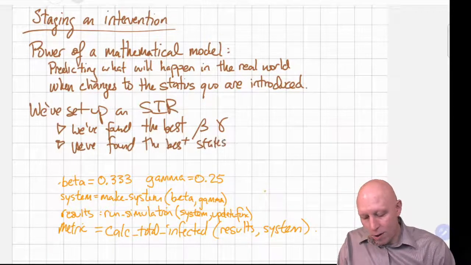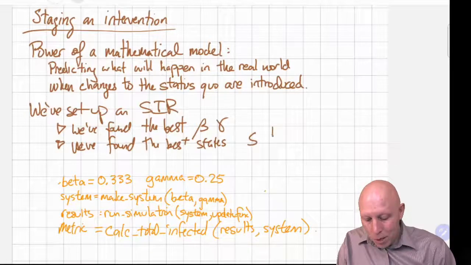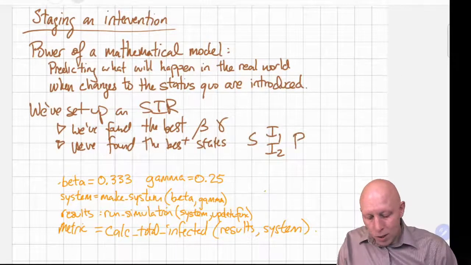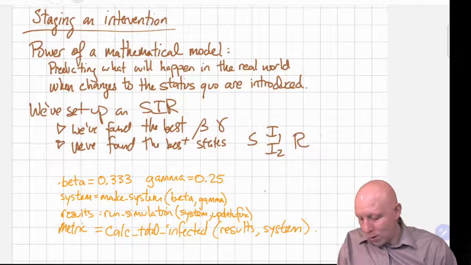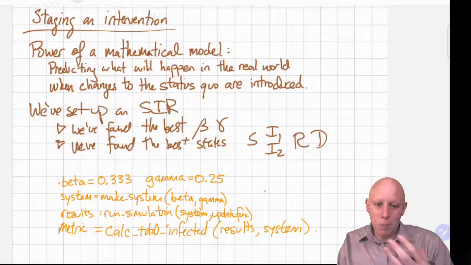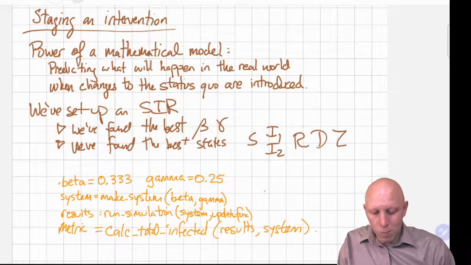for our model. So maybe we have the susceptible population, maybe the infected people come in multiple different ways. Maybe we've got a recovered situation. Maybe we've also introduced some amount of people who have died. Maybe there are some zombies.